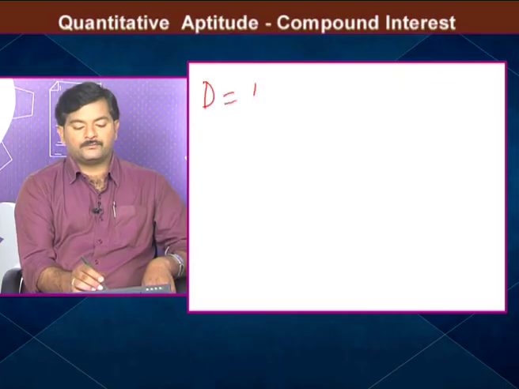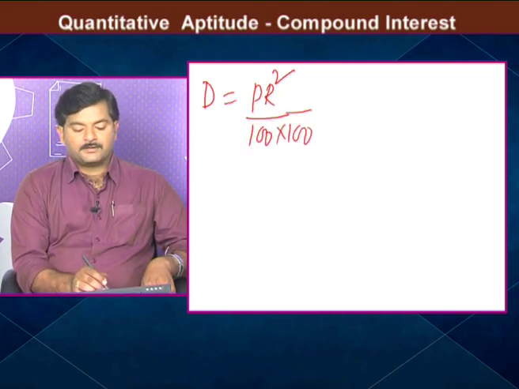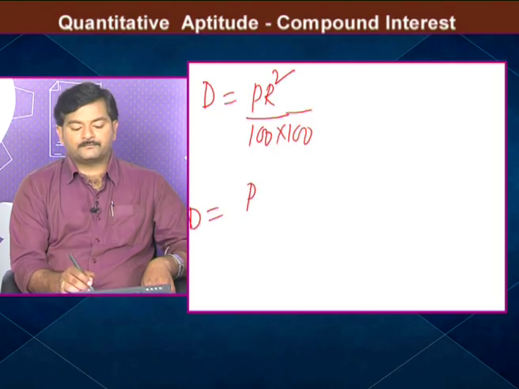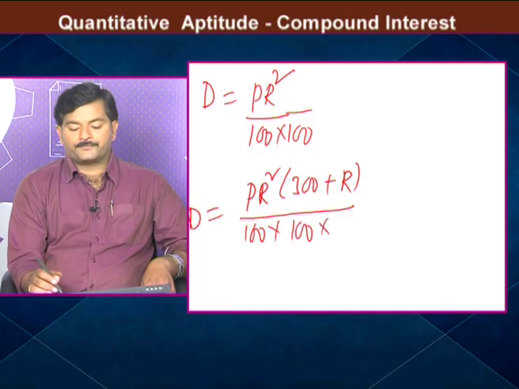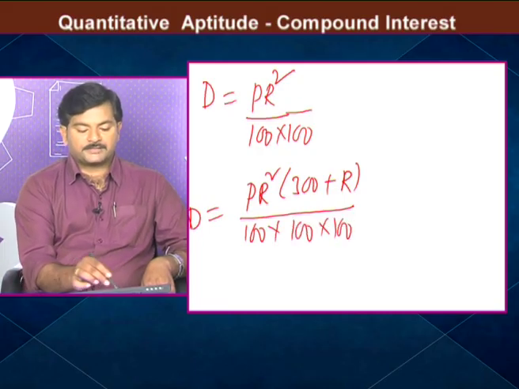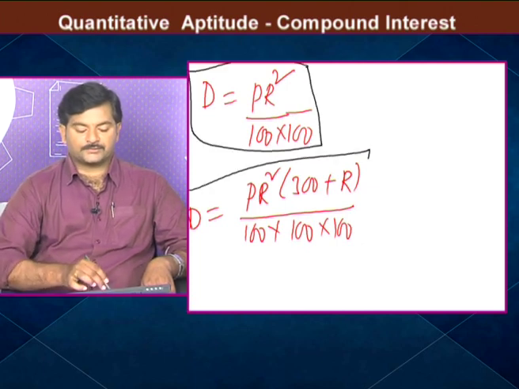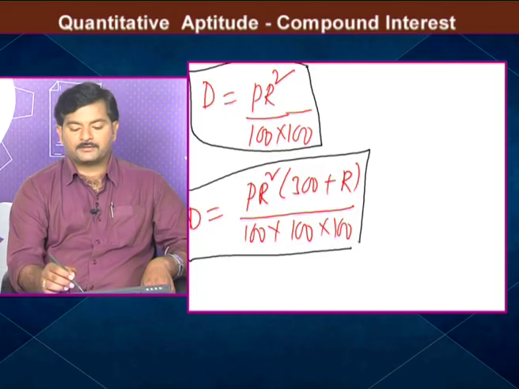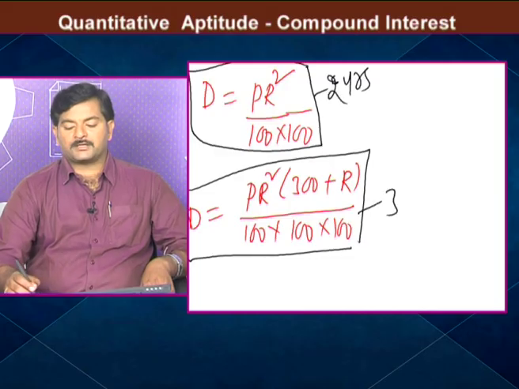D is equal to PR square by 100 into 100, and again D is equal to PR square into 300 plus R by 100 into 100 into 100. The first is exclusively for 2 years, and the second is for 3 years.